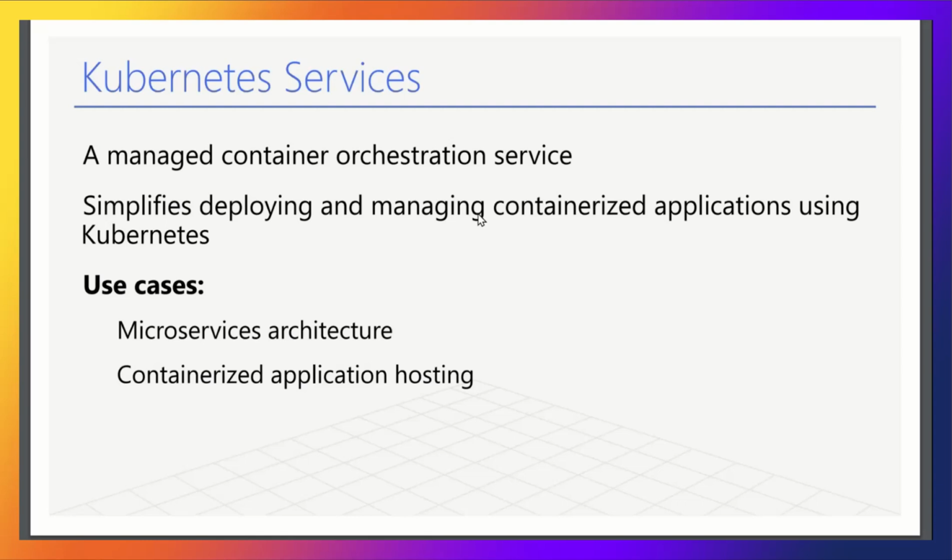Kubernetes service. So we just used ACI, Azure Container Instance. But let's say we have a lot of containers. Well, we might want to consider Kubernetes service. It manages container orchestration.